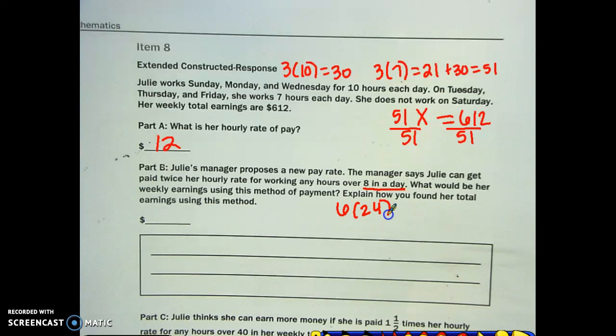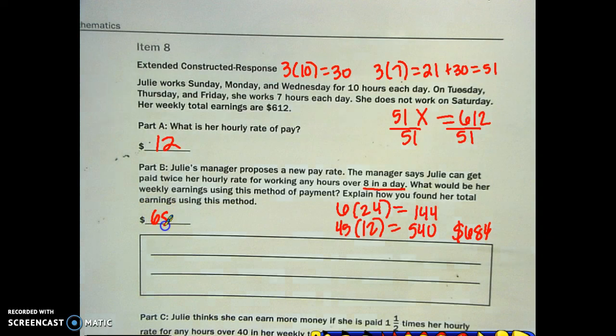So 6 times 24, because she's getting paid double that hourly rate, is 144. 6 out of 51 total. So when I subtract that, 45 of her hours, she's still getting paid $12 an hour. So that is 540.